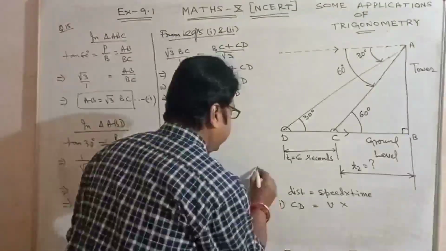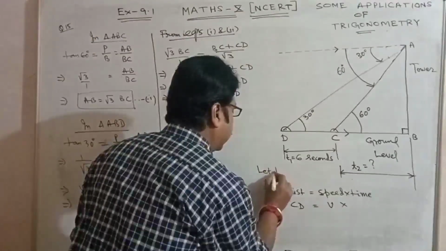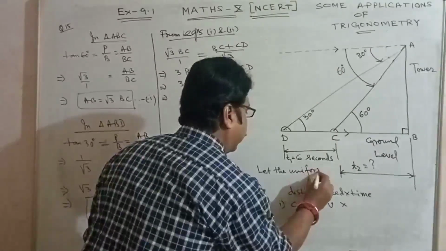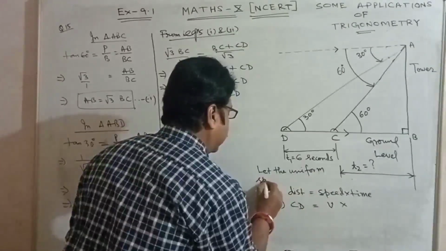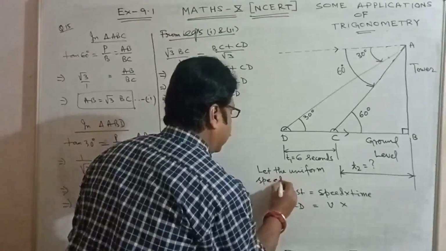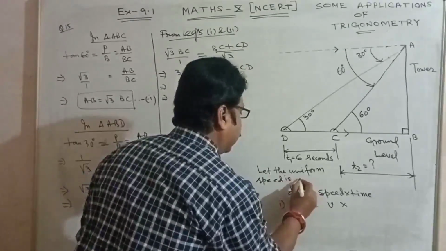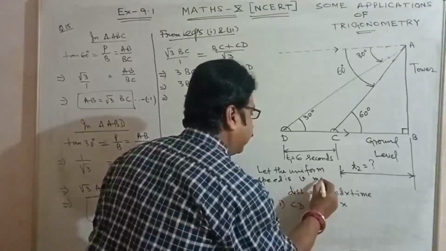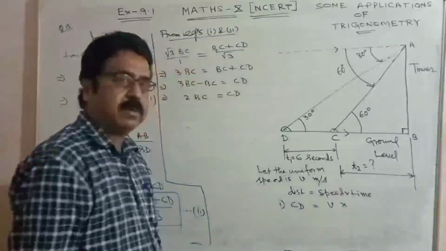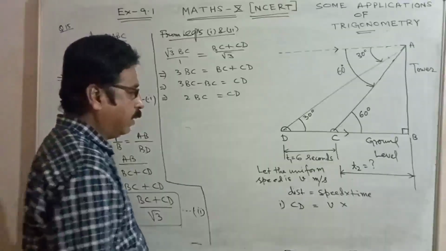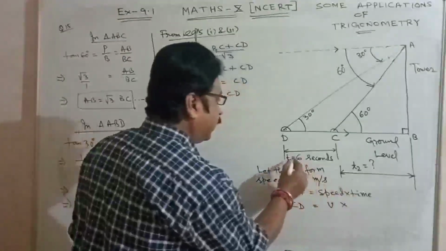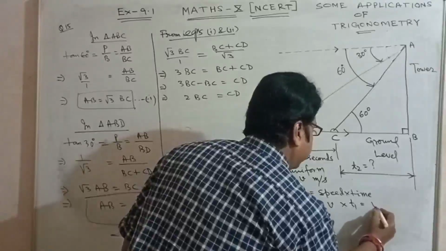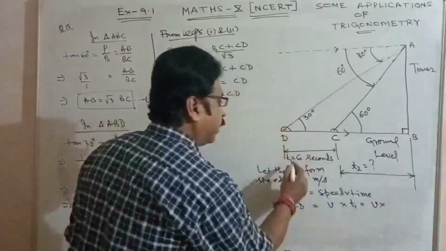Let the speed be V meter per second. Here unit is not given, let it be meter per second. Then V into time T1, means V into 6.